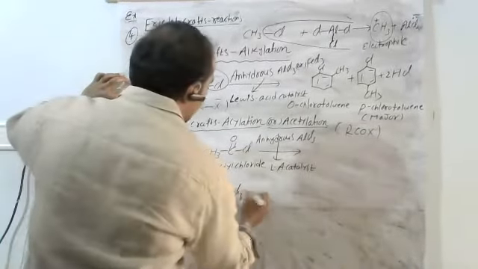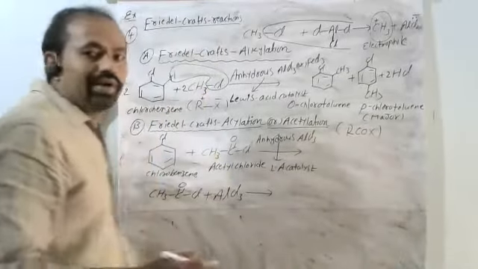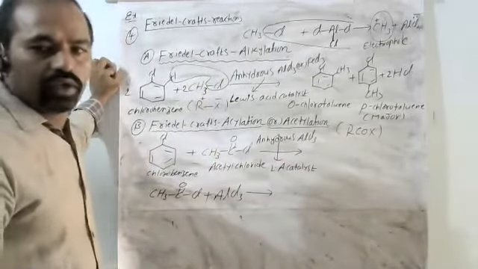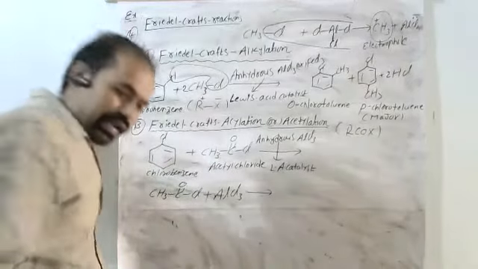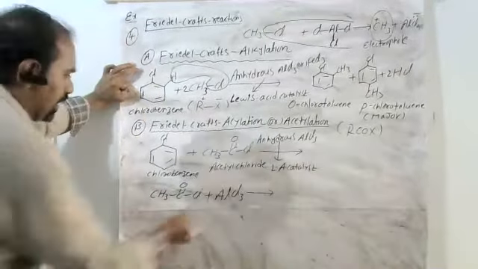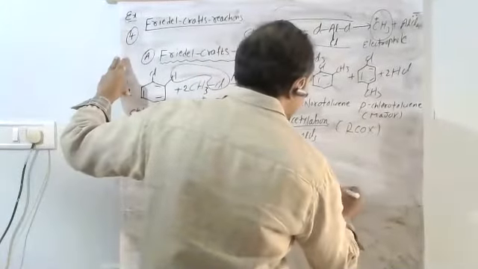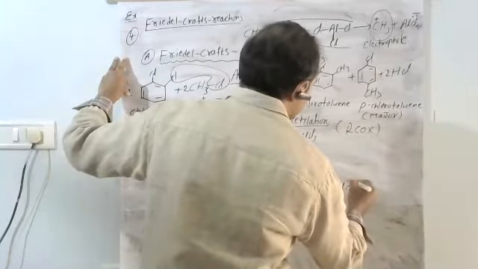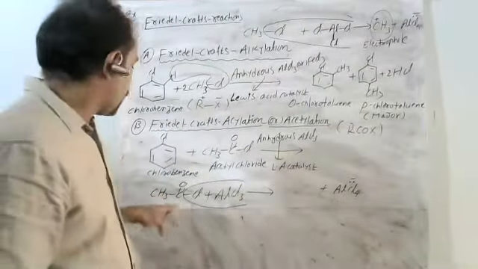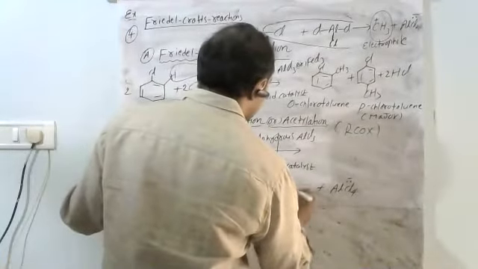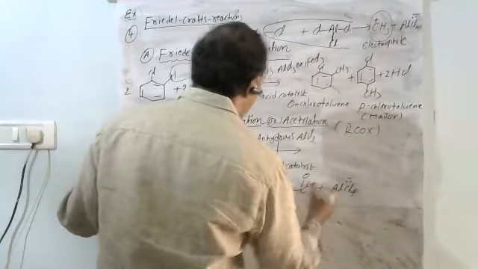We know that AlCl3 is an electron deficient molecule, so it accepts the electron rich Cl minus. See this, AlCl3 takes the Cl minus towards itself and is converted into AlCl4 minus. Same here, the remaining carbon gets a positive charge, and we get CH3CO plus.